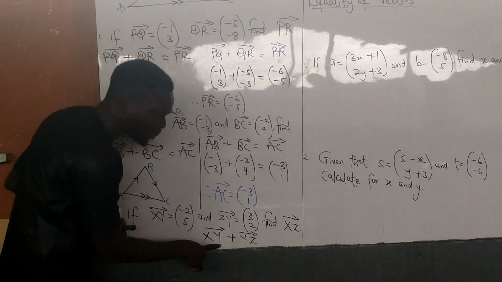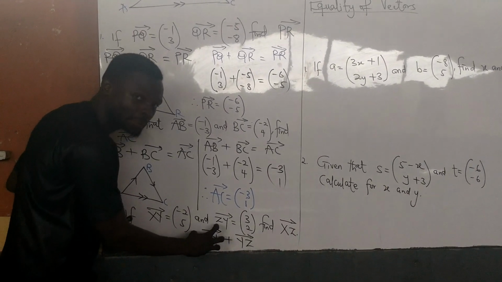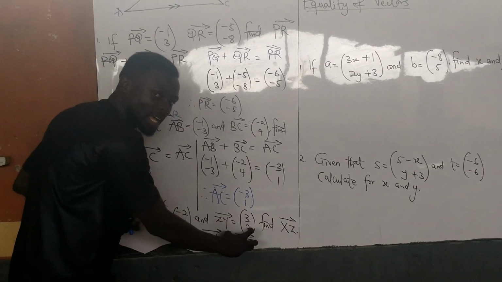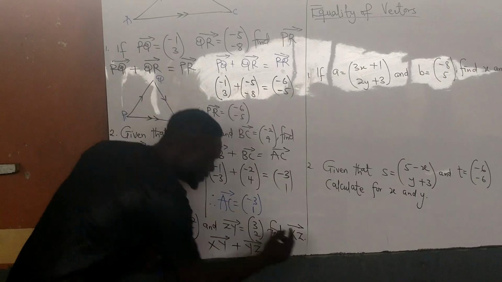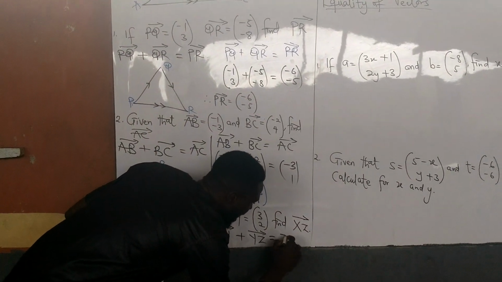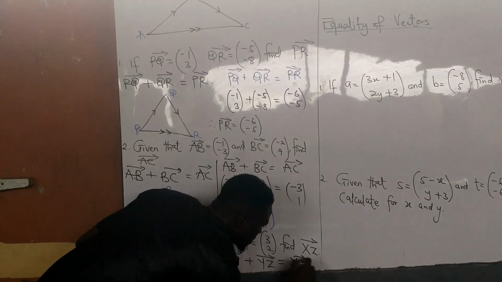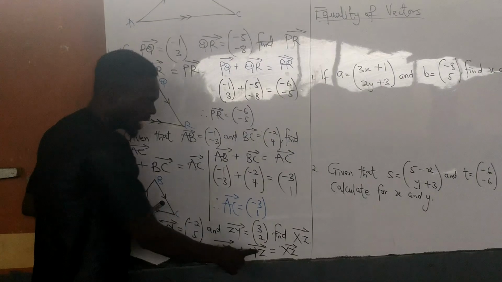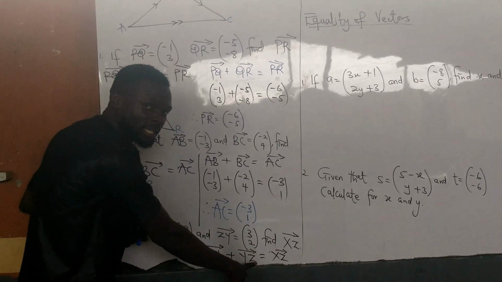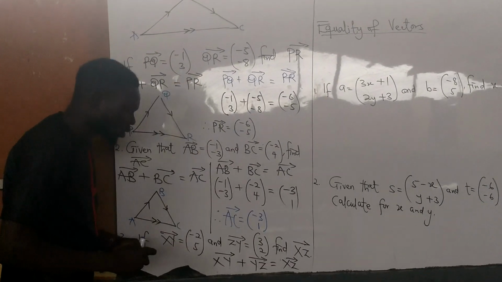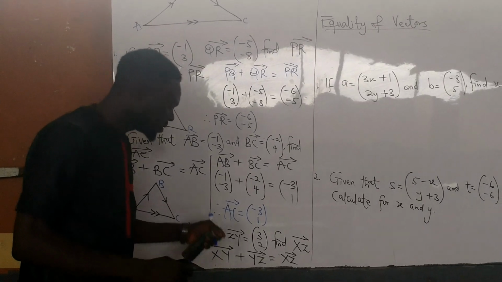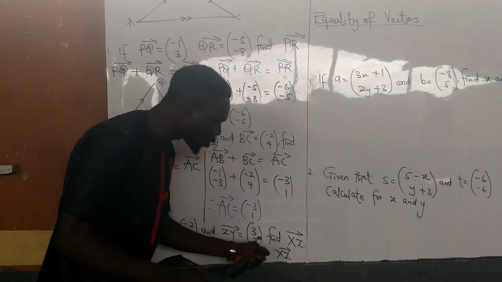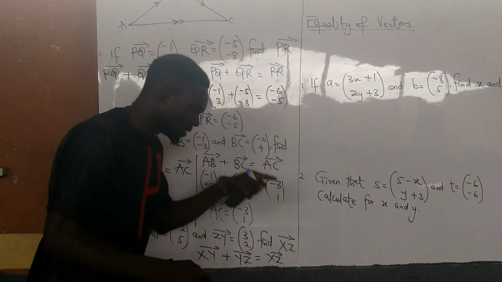So this plus this gives you the resultant vector XZ. And the resultant is the first letter of the first vector and the last letter of the second vector. So with this, we have vector XY plus vector YZ is equal to vector XZ.